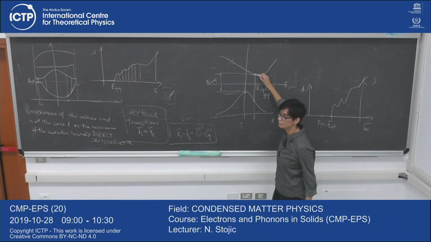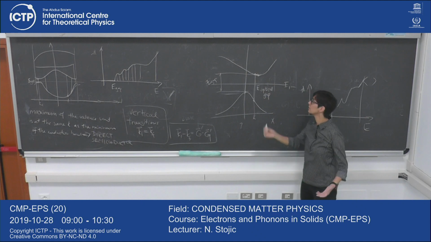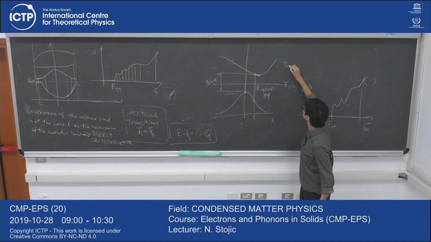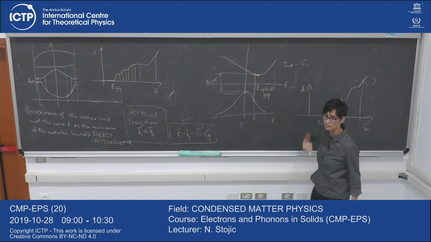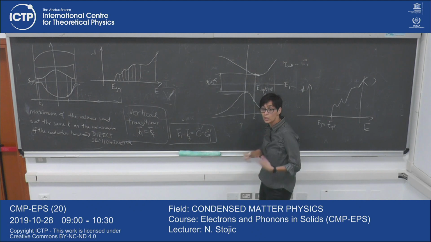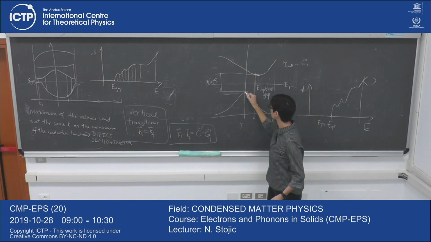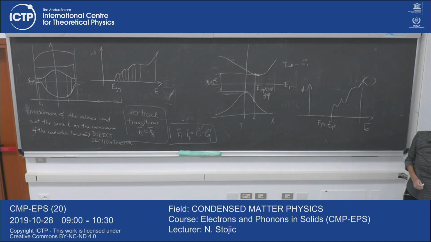The scattering time is 10 to the minus 14, can be even 16 seconds. Also, this hole will go to its lowest energy position, which means here. This is a relatively fast process.